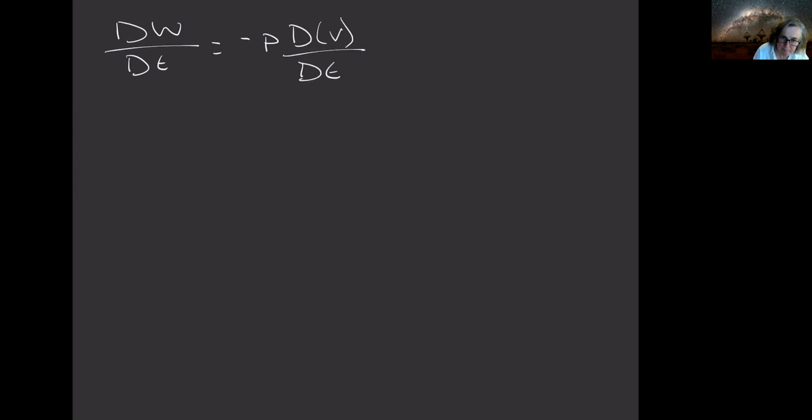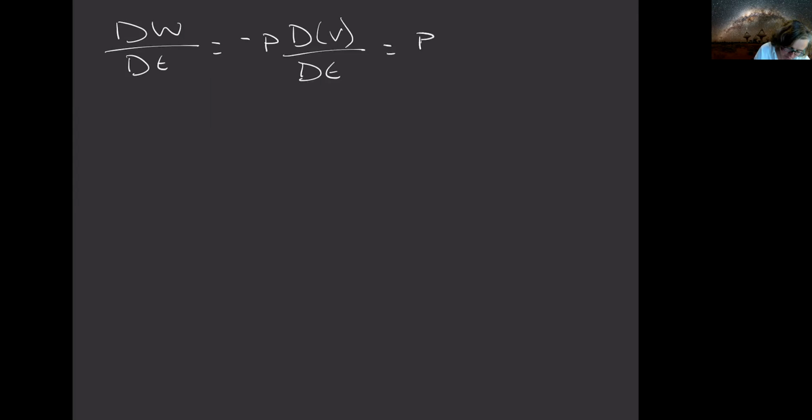And we can go a little bit further and write that, of course, because we said that the work was just P dV, the change in work with respect to time must be equal to, in fact, this is a negative, but it's a similar idea, the volume with respect to time.